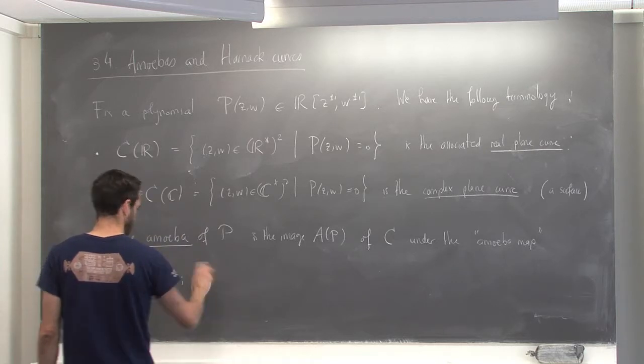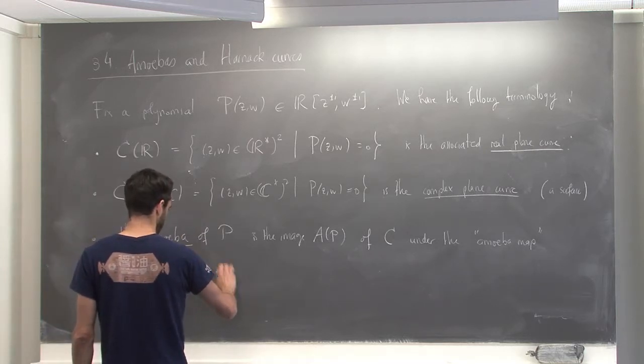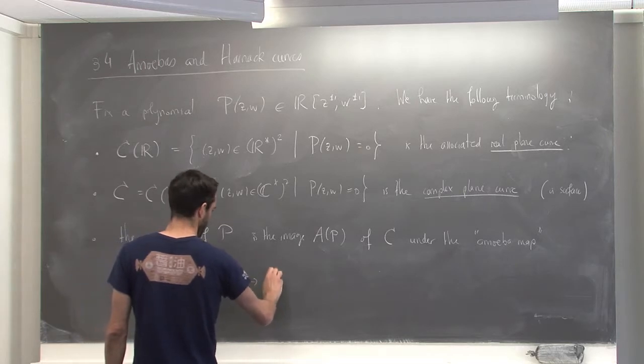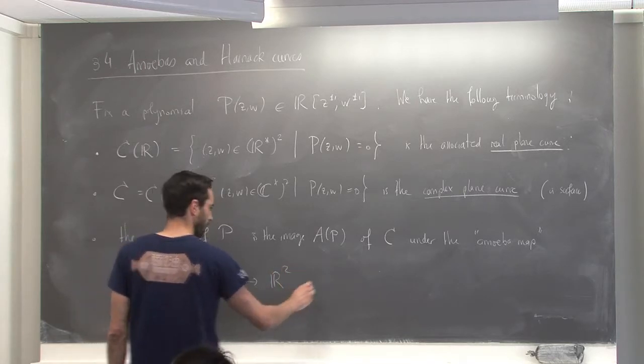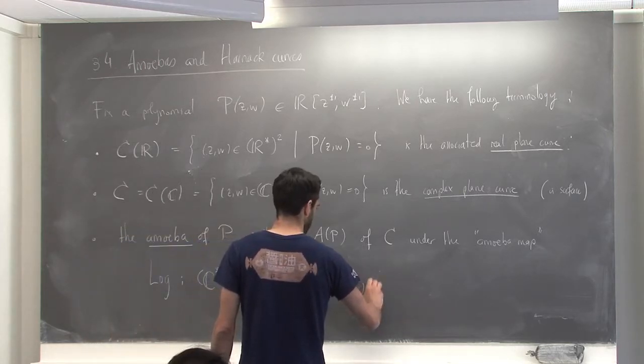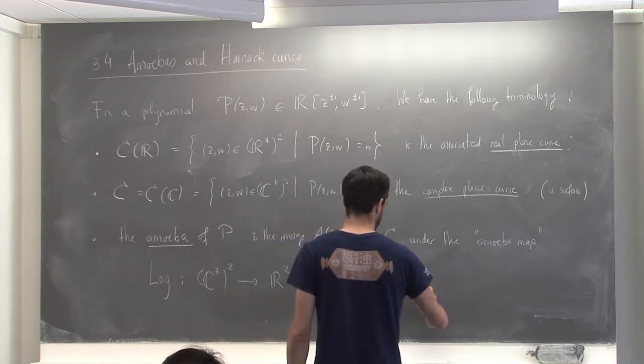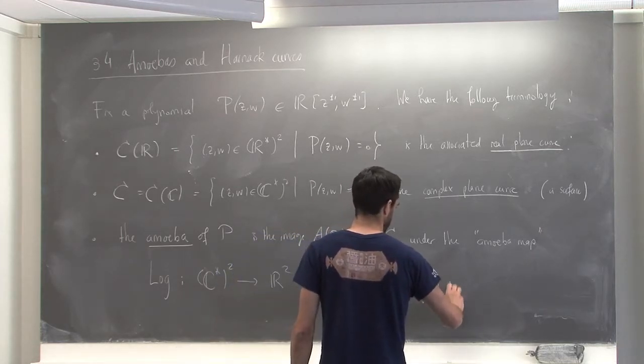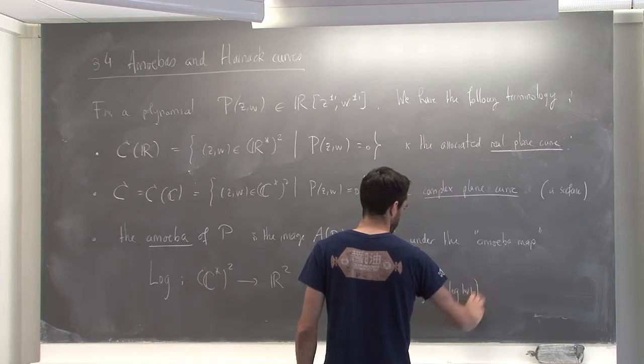Log goes from C star square to R square, and it maps (Z,W) to (log|Z|, log|W|).